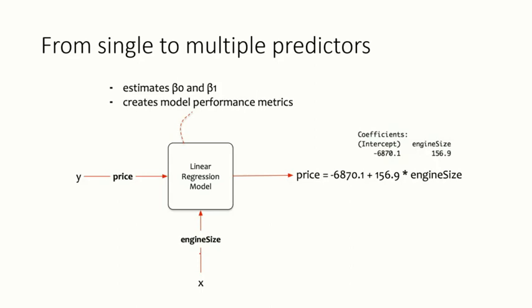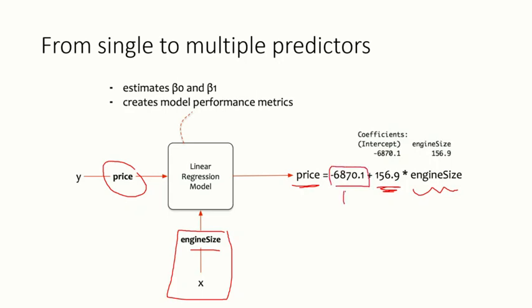Example, okay. Simple regression model. You want to predict the price of this vehicle, and then you use a single variable x, which is engine size. You can build this model. The price will be positively related with engine size. Okay, so this term is beta 0.